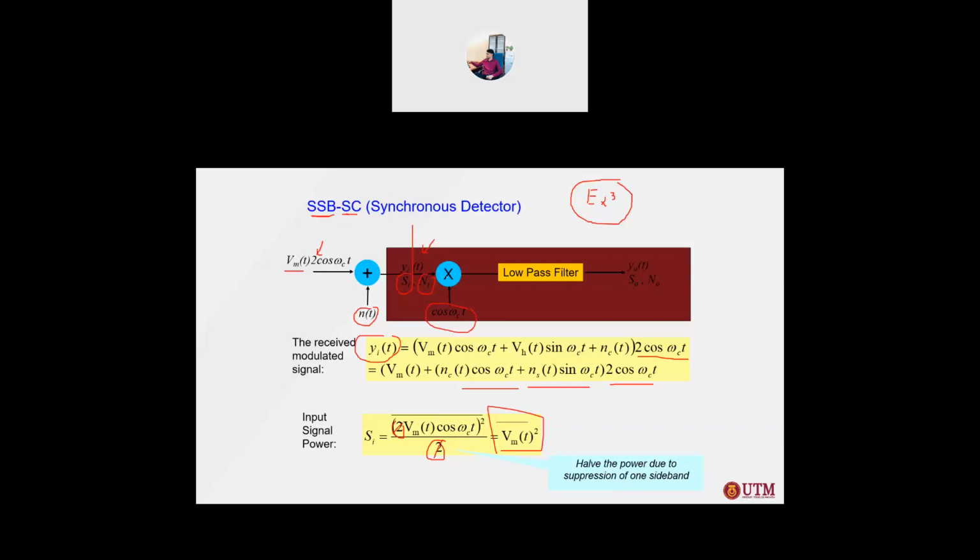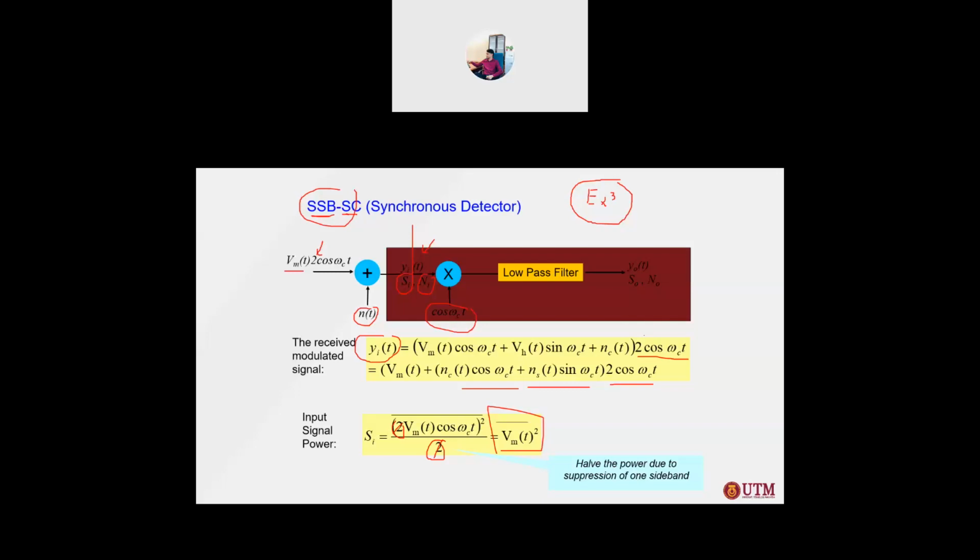Because if you go to page 61, equation 2.112, the one below, it is noise in single sideband suppressed carrier. So this is correct, because this one is single sideband suppressed carrier and it's a synchronous detector. So cos omega ct is correct.